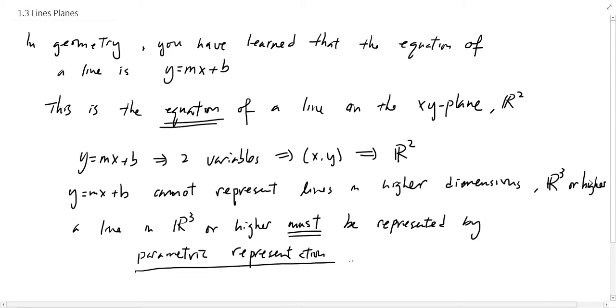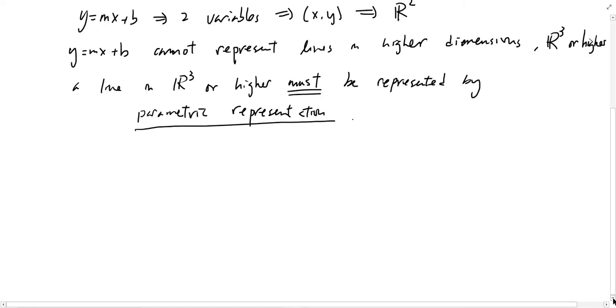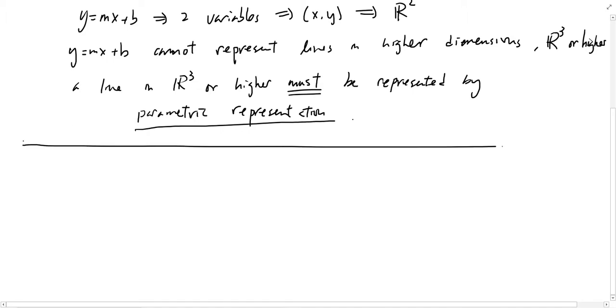So what is a parametric representation? Well, you actually learned about it back in BC Calculus, hopefully toward the end of the year. And I'm hoping that this year, because of the pandemic, you guys still have learned it.